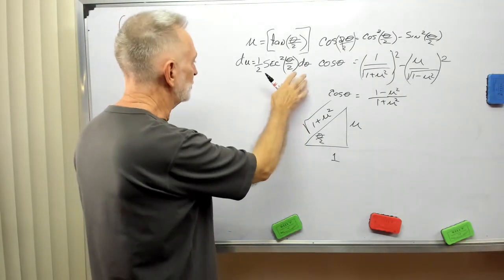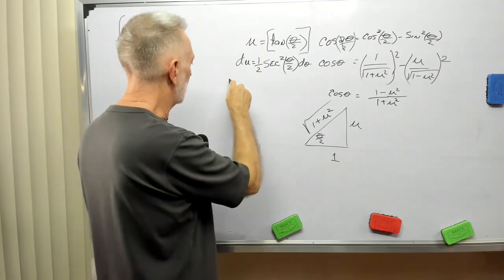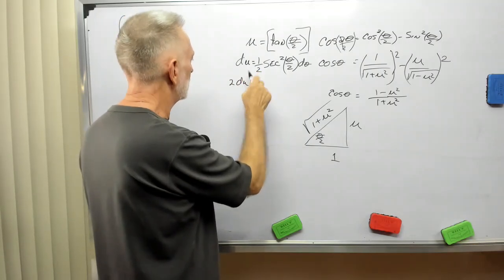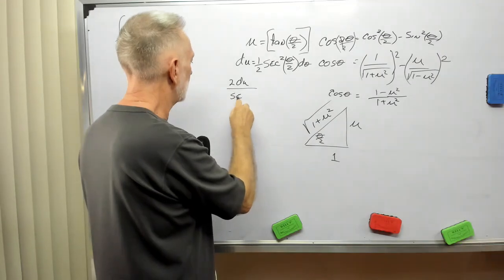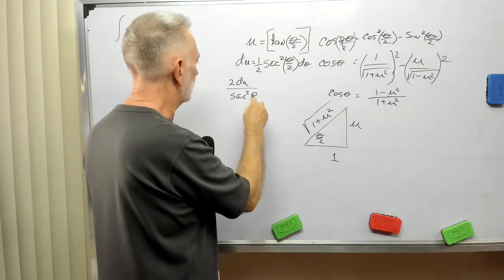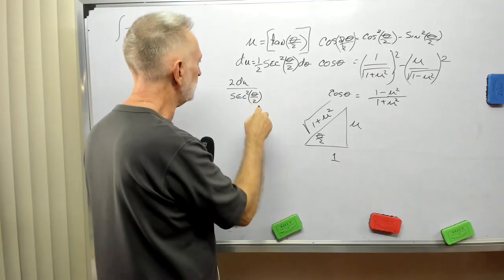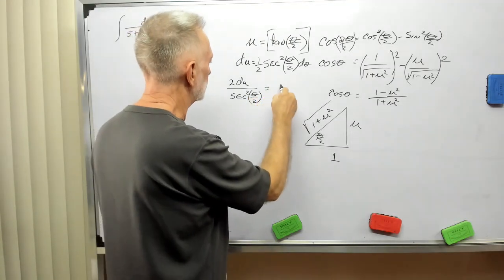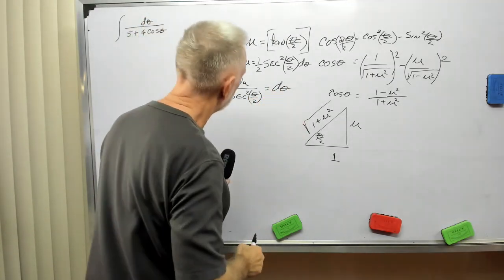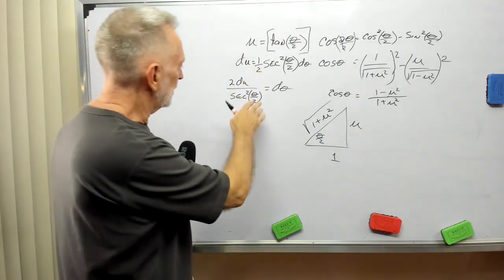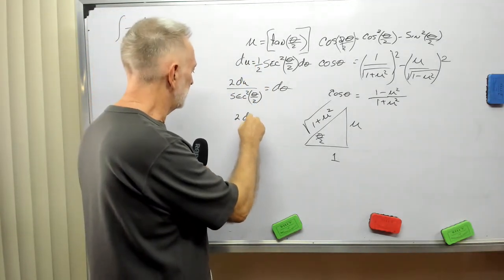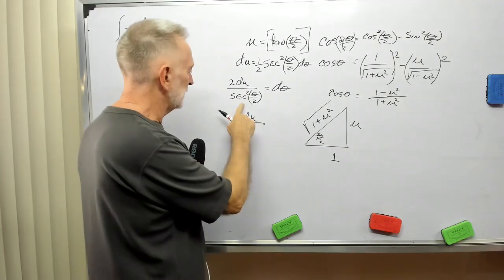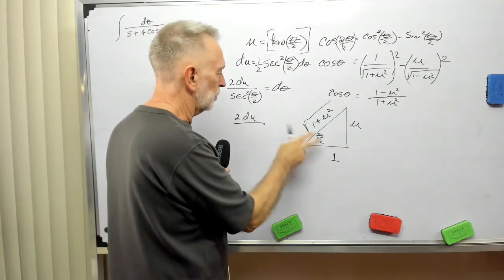I need to isolate it. So I'm going to multiply by 2. So that would cancel this. Divide by secant squared of theta over 2. And that equals d theta. Whoa, I've got to get it in terms of u though, right? So that's 2 du over secant, which is 1 over cosine.